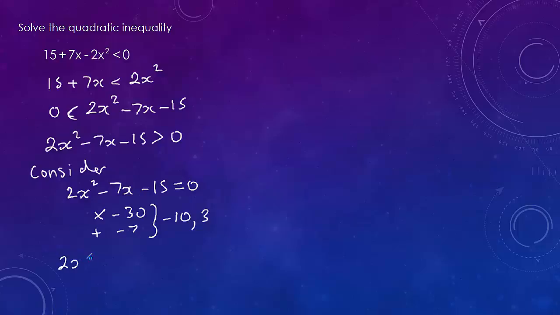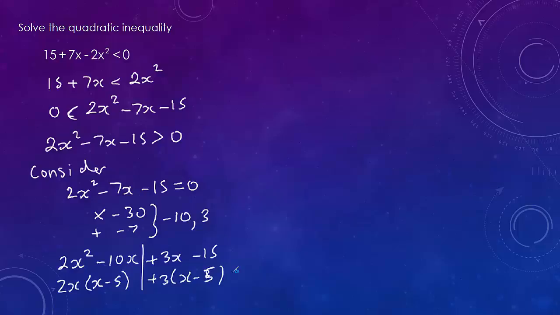So I've got 2x squared, and then split the negative 7x to negative 10x plus 3x, take away 15, and factorize each half, so that's 2x, x minus 5, and 3, x minus 5. So that gives us 2x plus 3, x minus 5 is equal to 0.